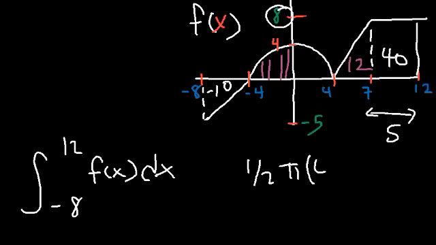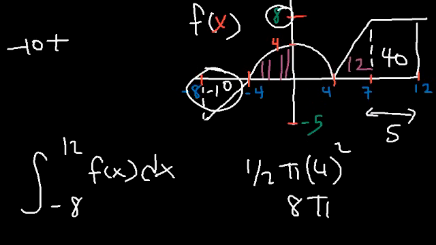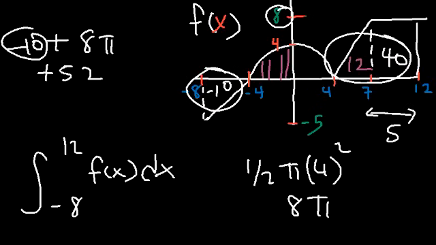R is 4. So 16, half of that is 8 pi. And for this whole region from negative 4 to 4, that's 8 pi. The quarter circle answer was 4 pi, so this must be 4 pi as well, which adds up to 8 pi. Then 12 plus 40 is 52. 52 and negative 10, that's 42. So the entire answer is 42 plus 8 pi.